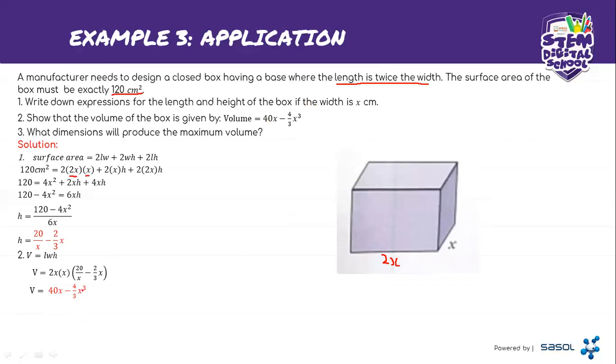We open the bracket with this 2x squared, and if you multiply each term inside the bracket, you're going to get this. So we have answered the second question. The last one: what dimensions will produce the maximum value?